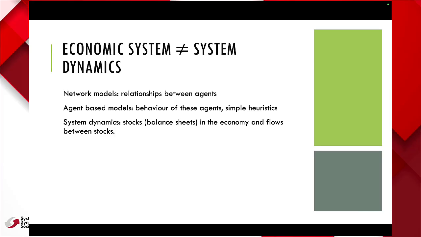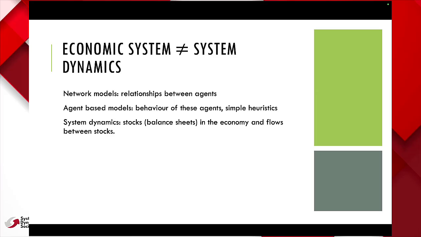And he explains a lot about how network models can help you understand the relationships between agents, for example, in a banking system. And that would help you to understand the financial crisis of 2007, 2008 better.